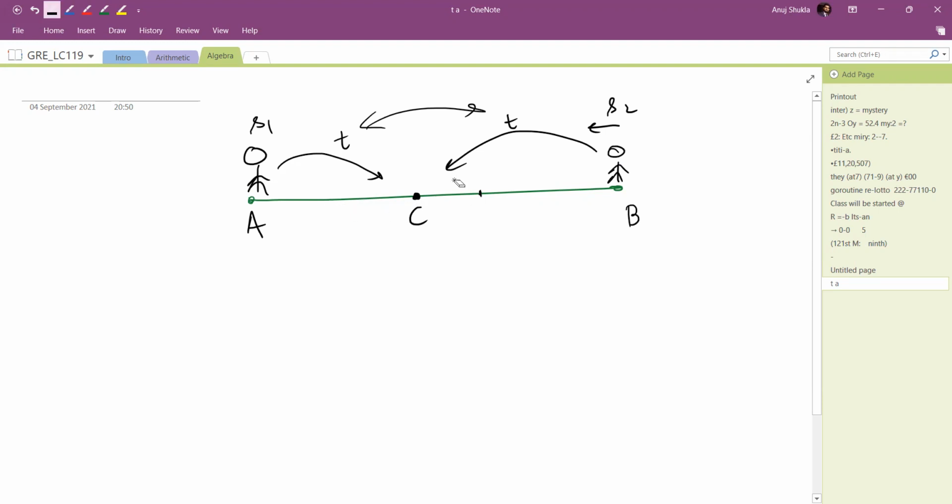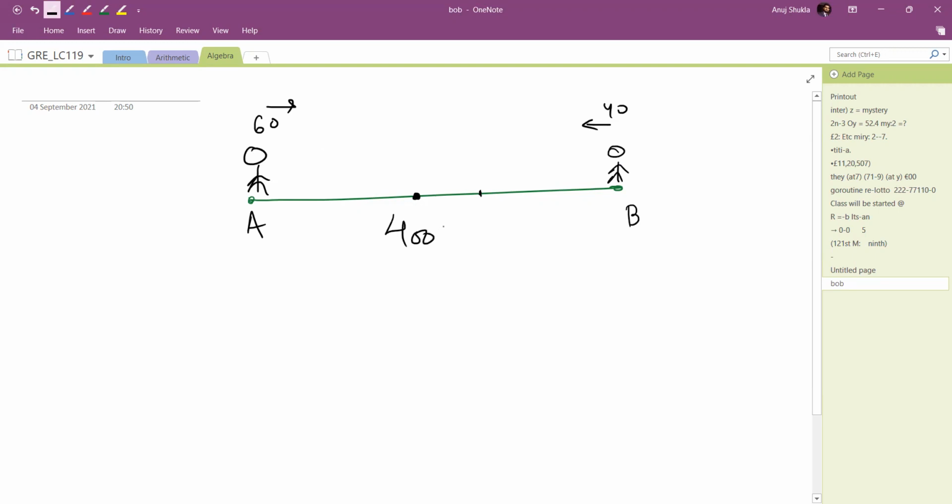Got it, sir. Let me give you an example by taking some real values with which you can understand. Suppose this is 60 and this is 40, and the distance between them is 400 kilometers. When will they meet, that is what we need to find.